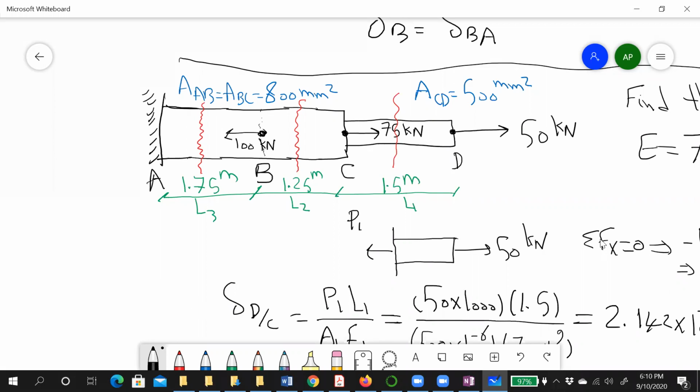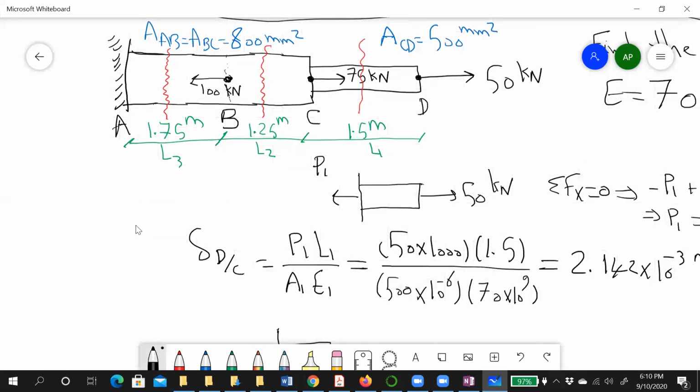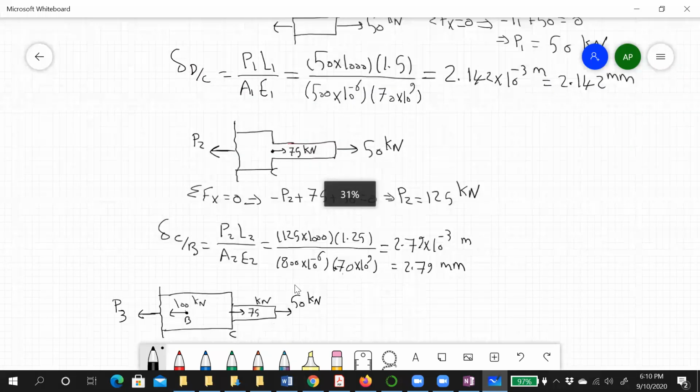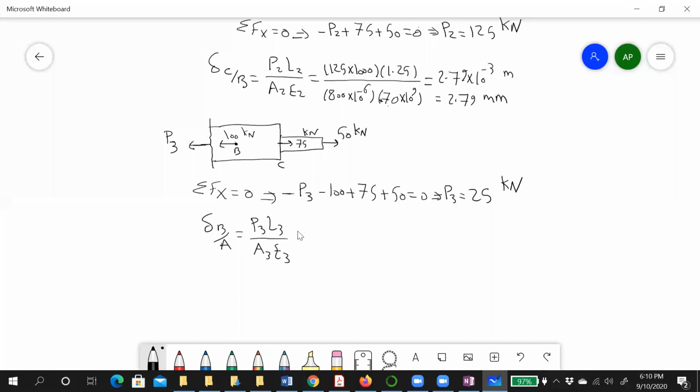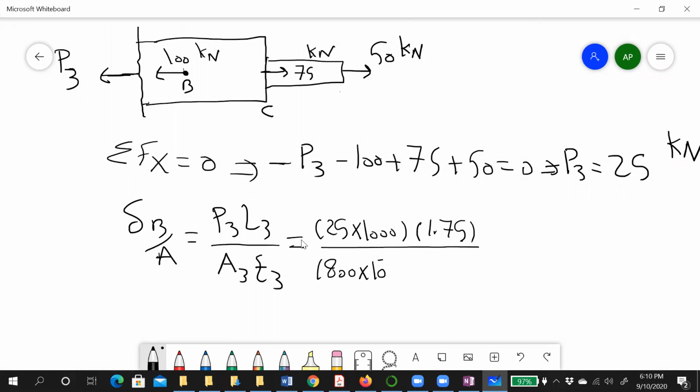And Young's modulus is 70, right? It's constant for all of them, which means we have the same material, right? Now let's just substitute. 25, multiply by 1000. L is 1.75, right? 800 times 10 to the negative 6, and 70 times 10 to the 9.